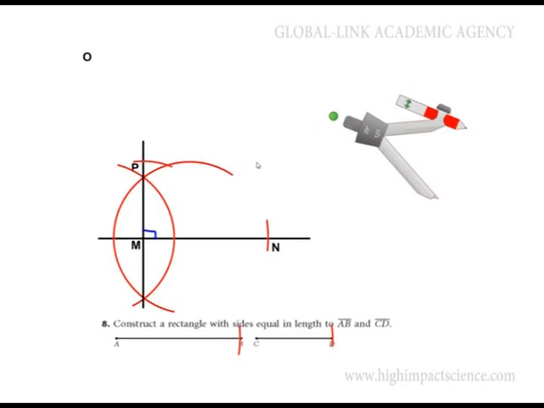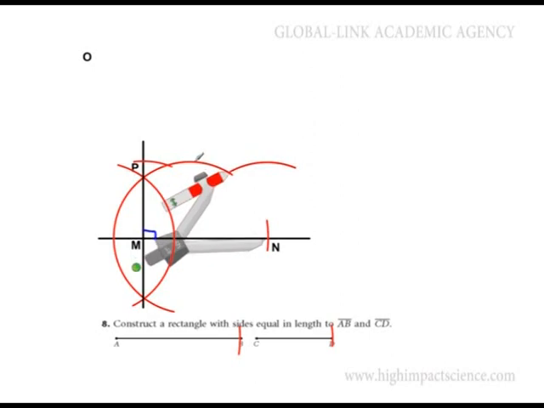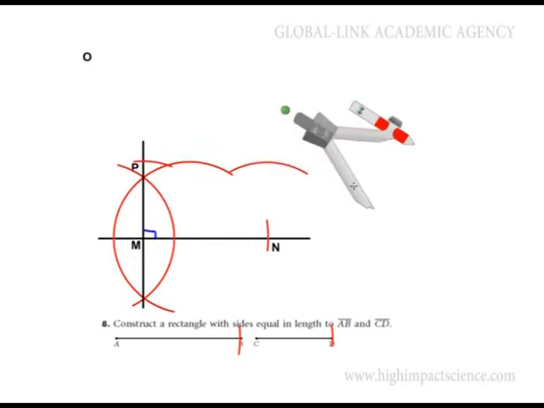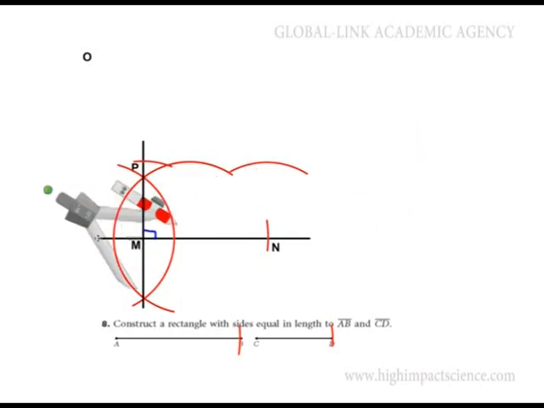So I don't need to construct a perpendicular. From N, mark an arc the same radius as PM. So O is somewhere on that arc. Measure AB.